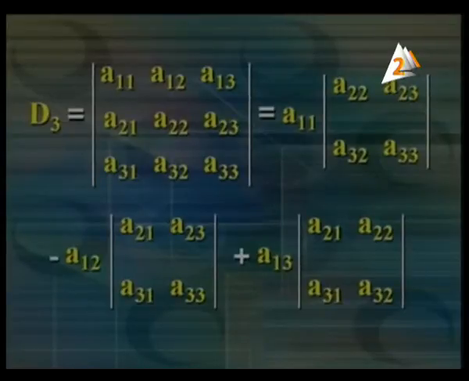Each element has a determinant. A11 has a determinant, A12 has a determinant, A13 has a determinant. Look at the signs: the first sign is positive, negative, positive.